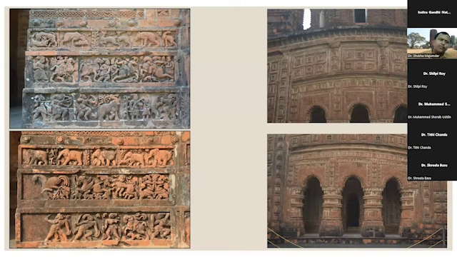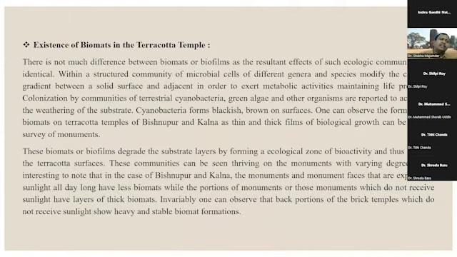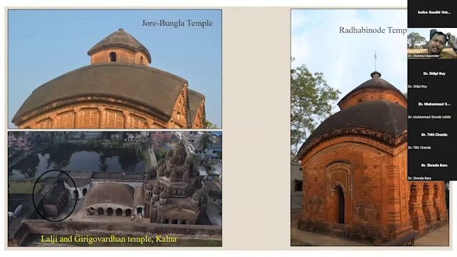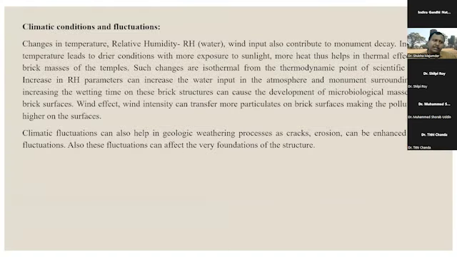But we monitor this, and accordingly after 5 or 10 years we periodically clean those temples for further preservation. There is another effect, biomass, which also affects the temple and creates a big problem. These are some other photographs showing how biomass also affects those terracotta temples, along with climatic conditions and fluctuation.